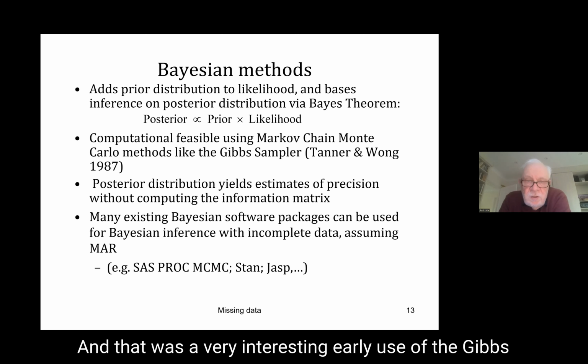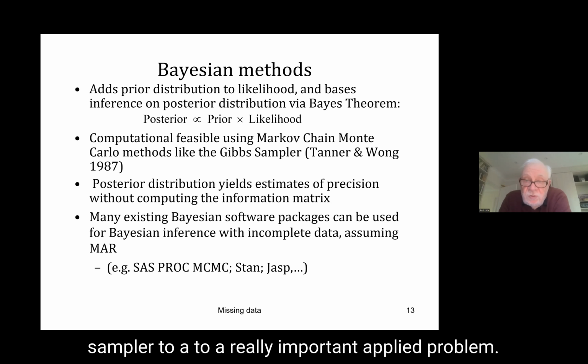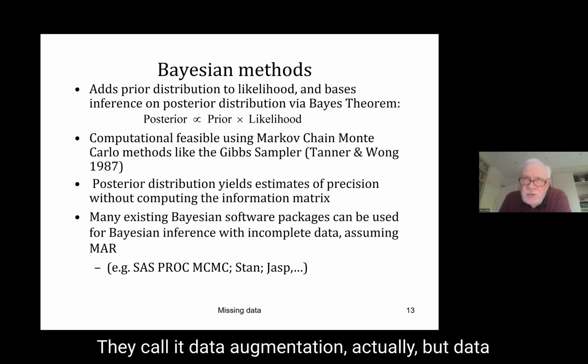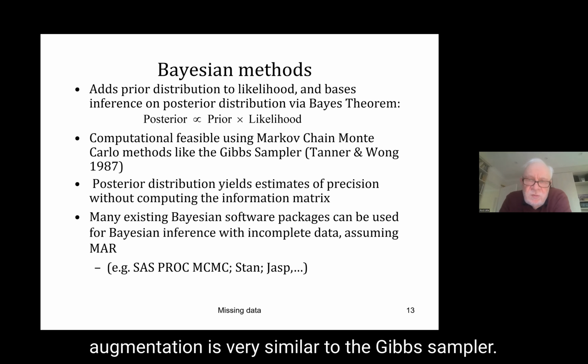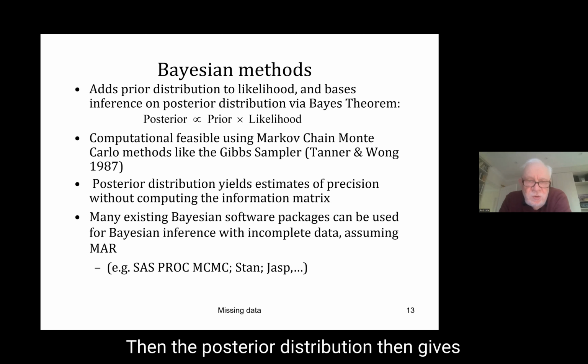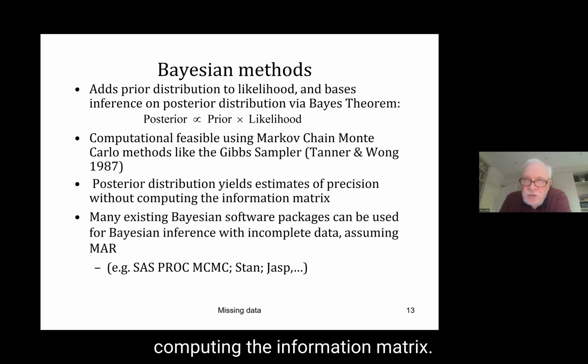That was a very interesting early use of the Gibbs sampler for a really important applied problem. They call it data augmentation, actually, but data augmentation is very similar to the Gibbs sampler. Then the posterior distribution gives you the estimates of precision without computing the information matrix.